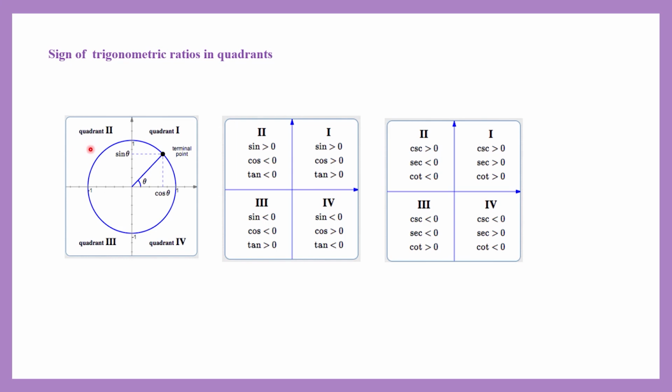The rest are negative. If the terminal side of an angle lies in the third quadrant, tangent and cotangent of that angle are positive. The rest are negative. If the terminal side of any angle lies in the fourth quadrant, cosine and its reciprocal, which is secant, are positive. The rest are negative.